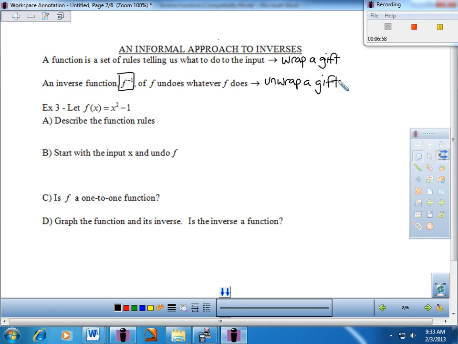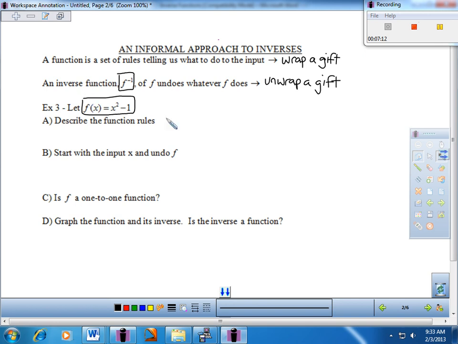Okay, so let's go ahead and start this out here with an example and get us thinking about those two pieces. So let's do letter A. I think we've kind of done this before verbally. What does the function tell us to do? If I was to give you any input, what would you do? What does the function tell us to do to that input in order to create the output?